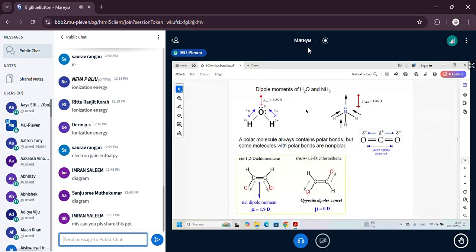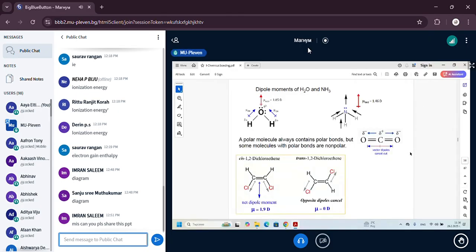The sum of vector dipoles in the molecule of water is not zero. It is calculated to be 1.85 debye. The sum of vector dipoles in the molecule of ammonia is 1.46 debye. So these two molecules contain polar bonds, and the whole molecule is also polar.